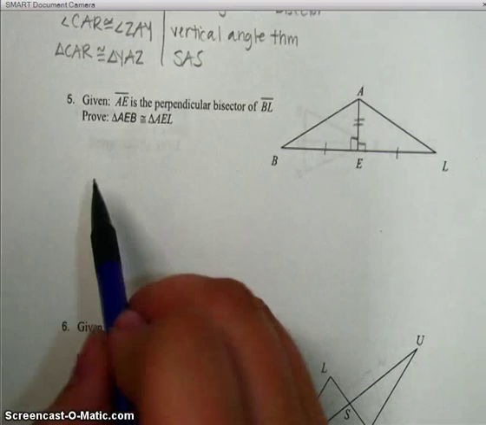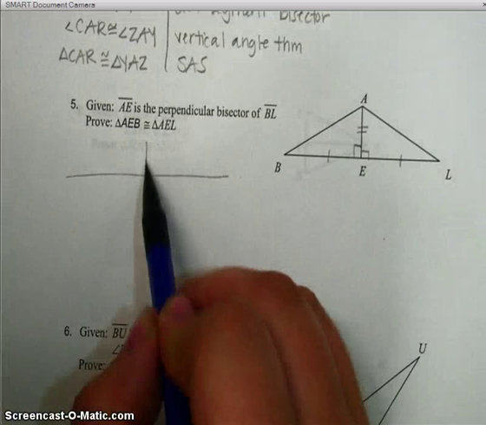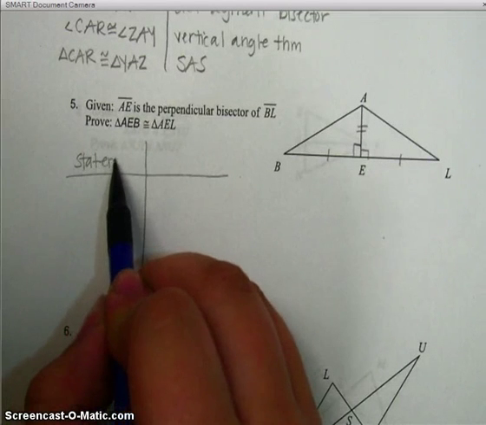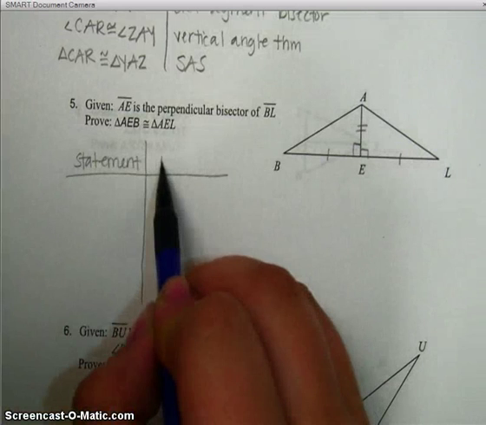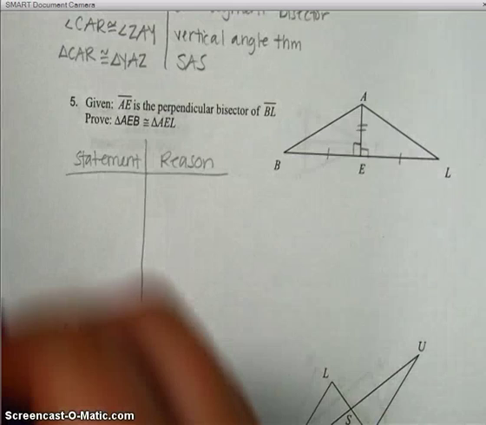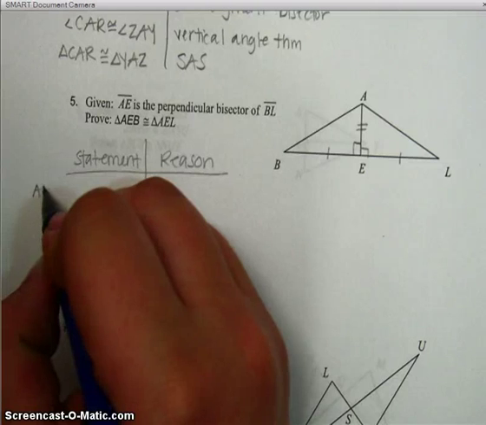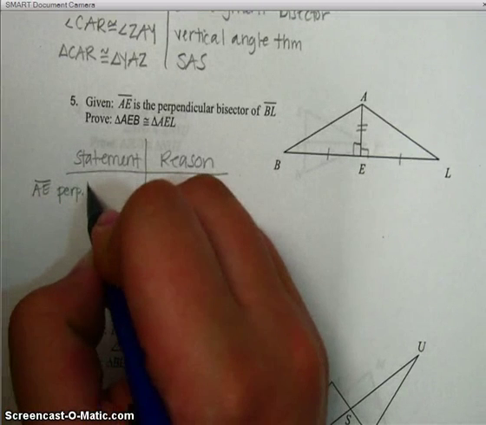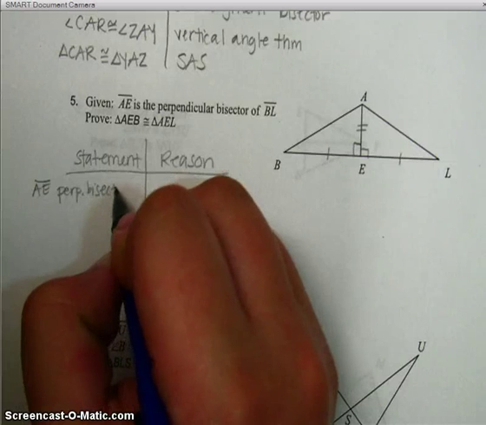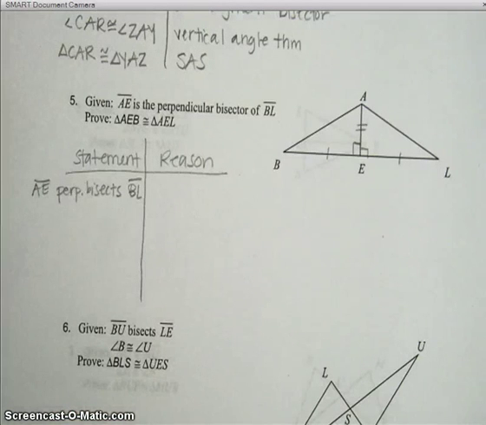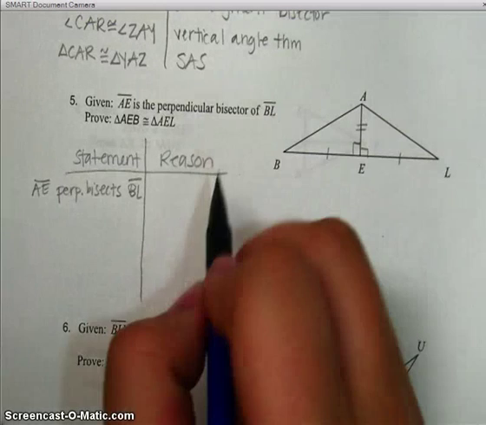So if we come back and do our two columns, we start with what was given. So we have AE is the perpendicular bisector of BL, or AE perpendicularly bisects BL, and that's a given.